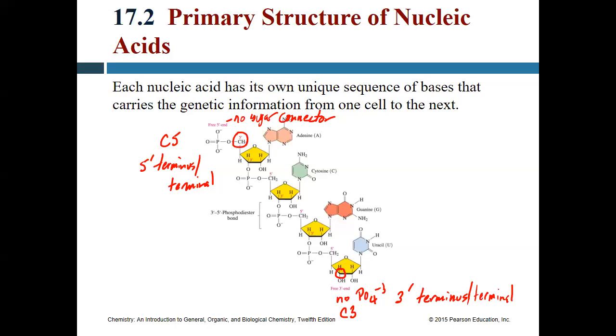The reason that's important is because these kinds of nucleic acid sequences don't exist as just simply a strand. There's a complementary strand that is on the opposite side of it. And it is set up in exactly the opposite direction. So if the 3-terminal is on the left on the one strand, it's going to be on the right on the complementary strand. It's going to appear backwards to each other.